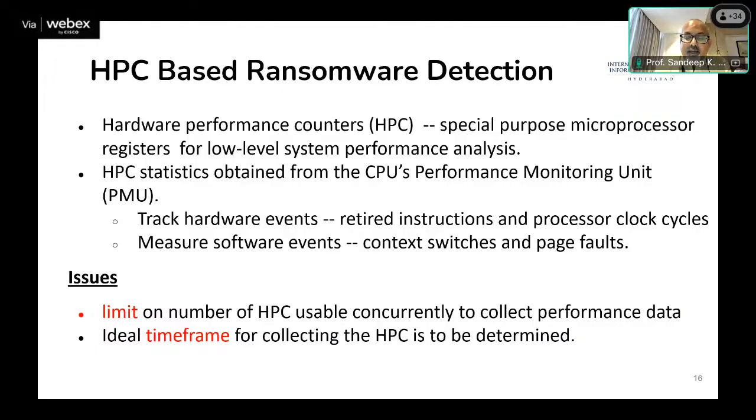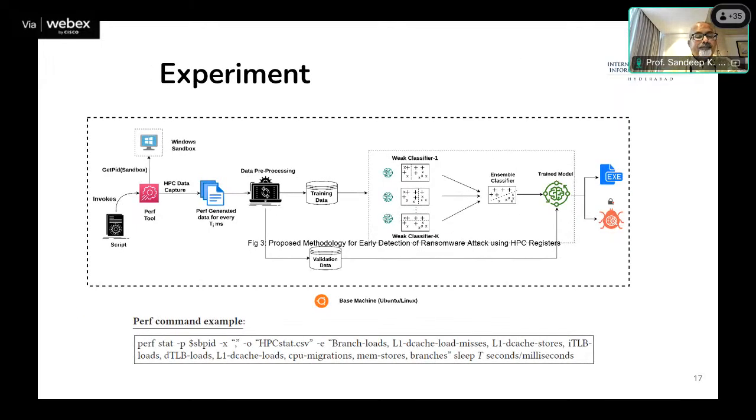They also measure some software events such as context switches, page faults, and so on. If we observe these hardware performance counters as ransomware executes versus as regular executables execute, and we see a marked difference between the values that come up in the HPCs after some time, then we can use that as an indicator. That was the idea.